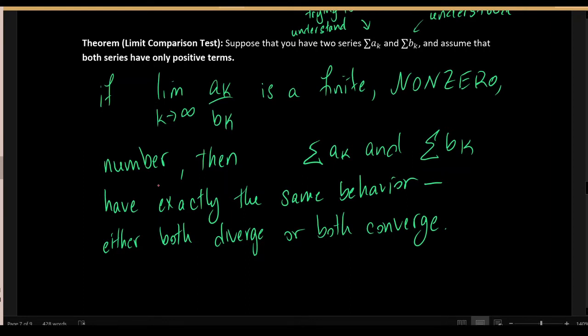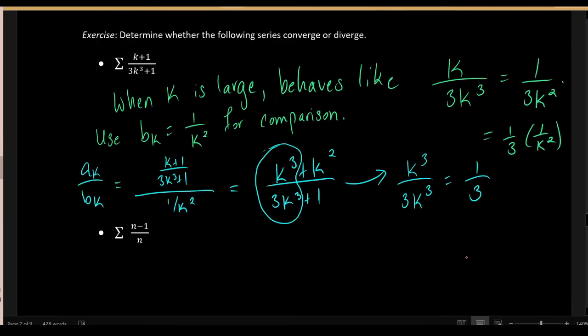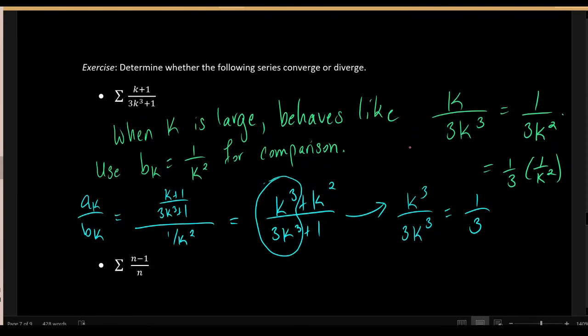The limit comparison test kicks in and tells us that our comparison series and our given series have exactly the same behavior. So because b_k converges by the p-series test, it must also be true that our original series has exactly the same behavior.